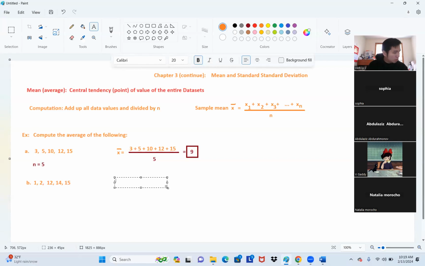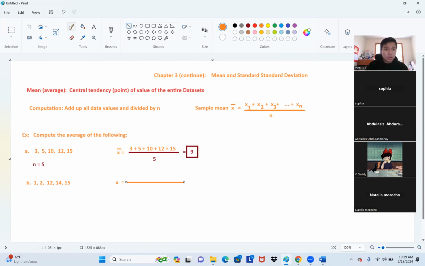We basically do the same thing: we compute x bar. We simply add them up, so we take 1 plus 2 plus 12 plus 14 plus 15, and then divide by 5 again.